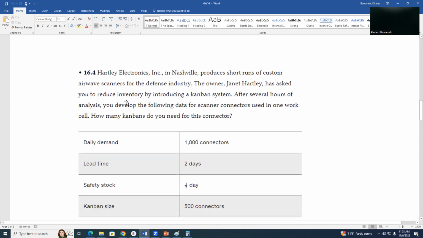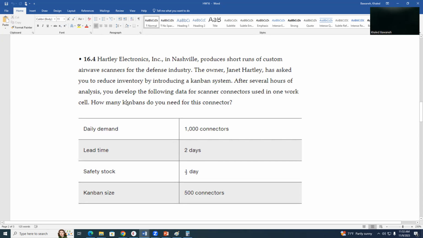So this is another question. These guys in Nashville, they produce short runs of custom airwave scanners. The owner has asked you to reduce inventory by introducing a Kanban system.